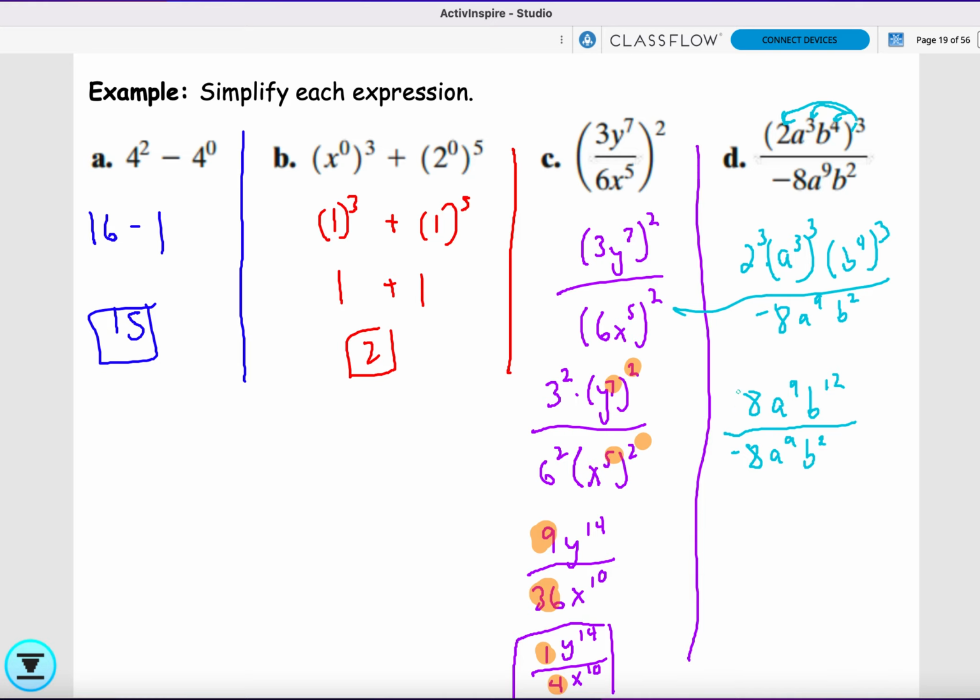So then this gets a negative 1. So it would just be negative, right? These 8's cancel out. The 9's cancel out, right? 9 minus 9 is 0. So then we get negative 1, a to the 9 minus 9, b to the 12 minus 2. So then we get negative 1, a to the 0, b to the 10th. Which is just negative b to the 10th, because a to the 0 is 1 times negative 1. This is negative 1 here, which is invisible.